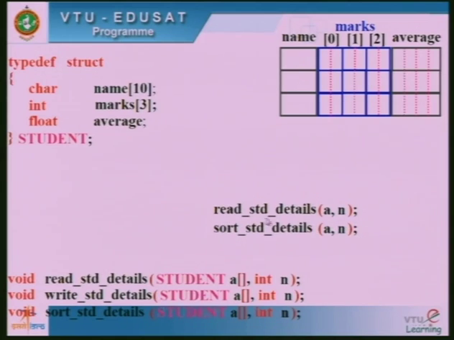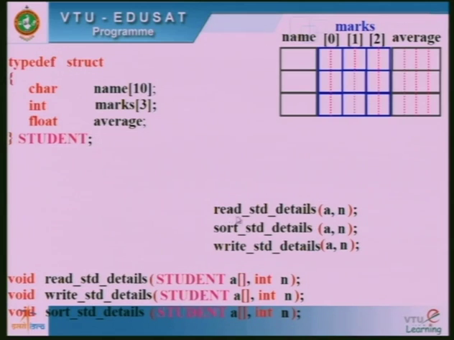Now here we read the student details, and the details are available in the structure variable A, and here we sort the student details, and the sorted student details are available in the variable A. And finally what we do? We display the student details which is available in the variable A. All n students' information will be available in the variable A. And what does this n represent? Number of students. So these two are called what? Arguments, and enclose them within parentheses and end with semicolon.